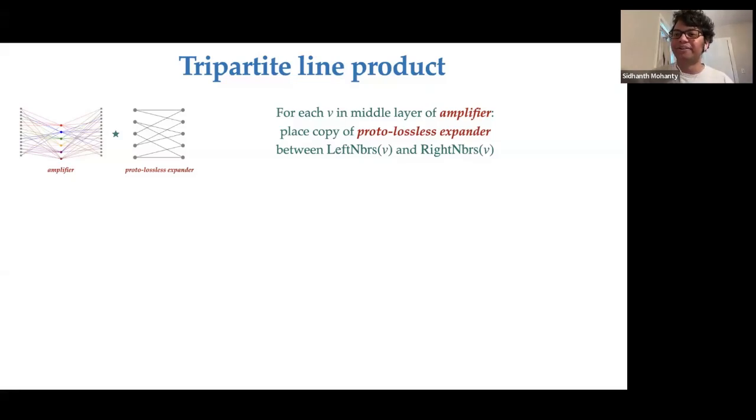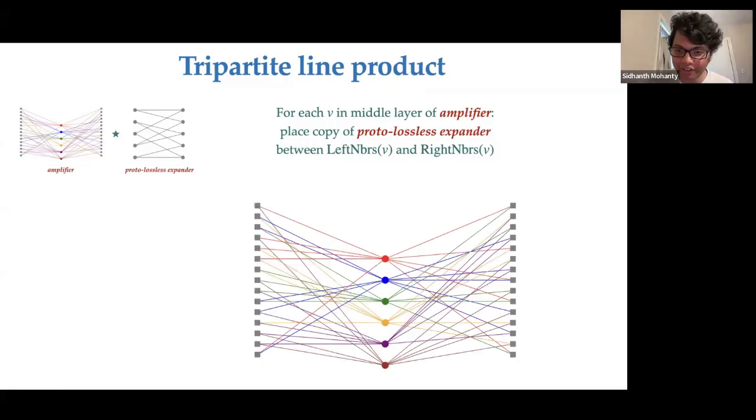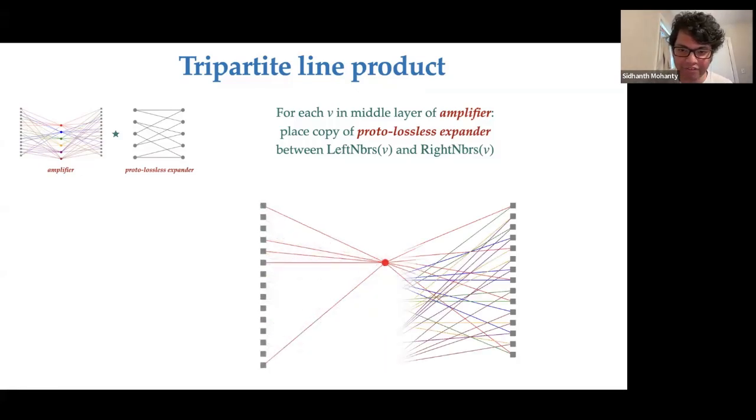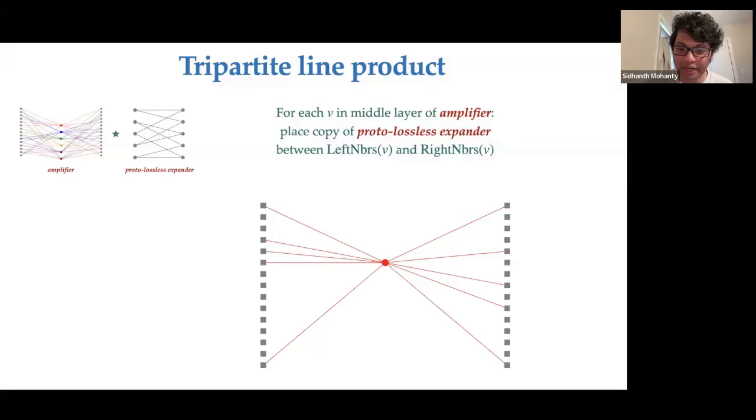Let's see how this goes with a picture. Okay, so here's my amplifier graph. Let me zoom in on one vertex, this red vertex. It has 5 neighbors on the left, 5 neighbors on the right. And I'm going to place a copy of the proto-lossless expander between its 5 left neighbors and its 5 right neighbors.